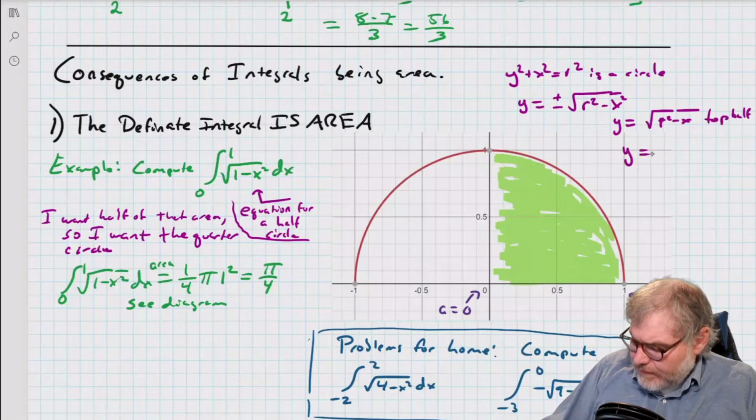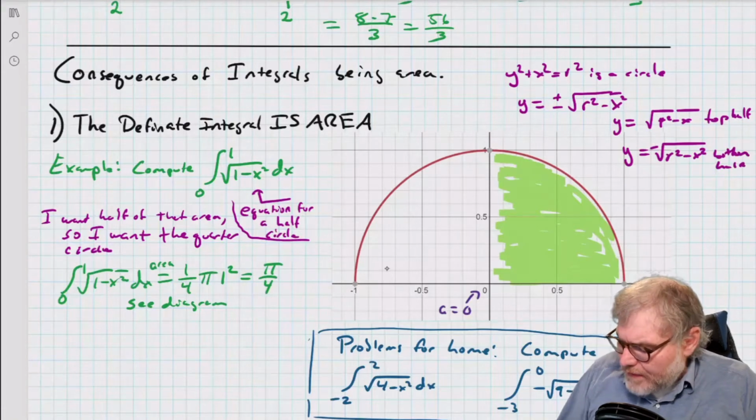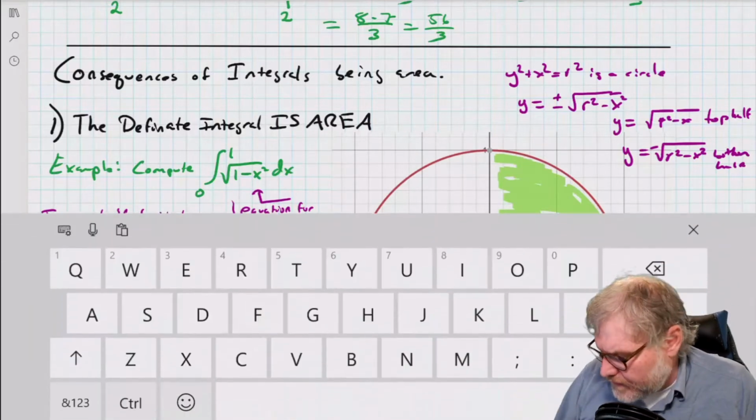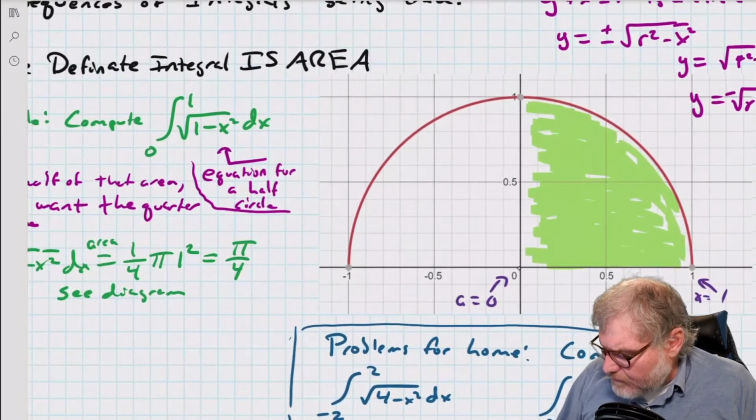And y equals the negative square root of r squared minus x squared is the bottom half. So here I've got the half of a circle of radius 1, or square root of 1, which is just 1. And what I want is the area from 0 to 1.